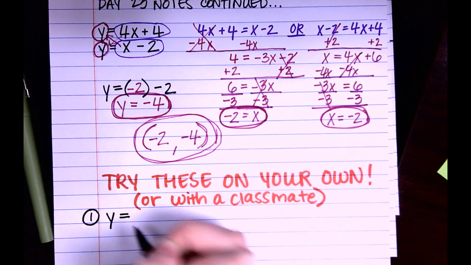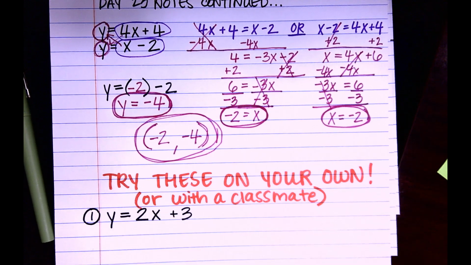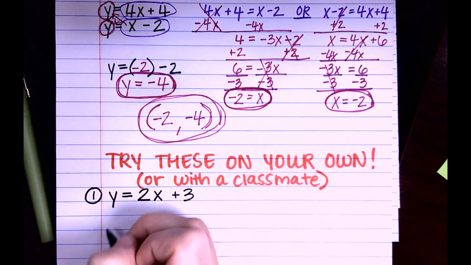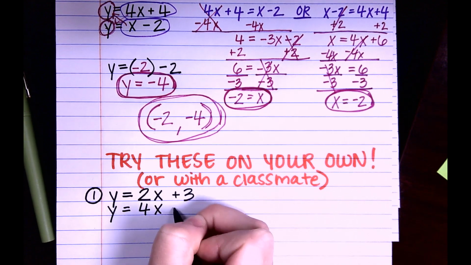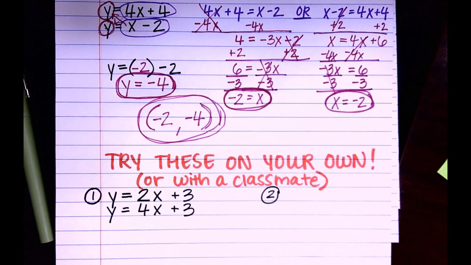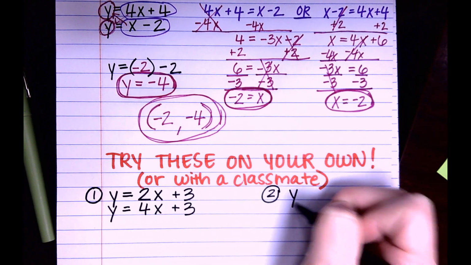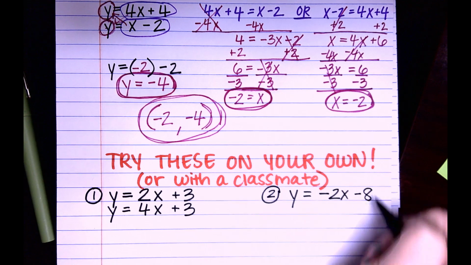Y equals 2x plus 3 and y equals 4x plus 3. y equals negative 2x minus 8.